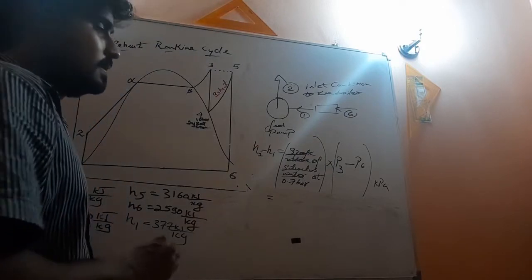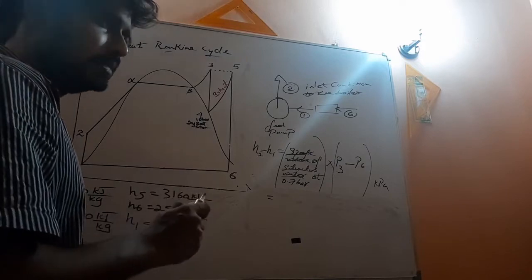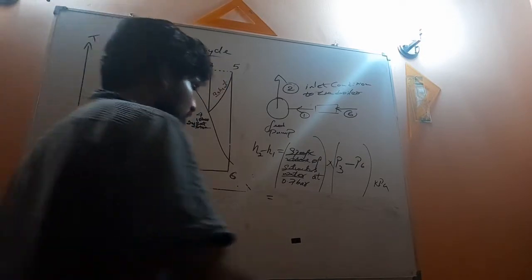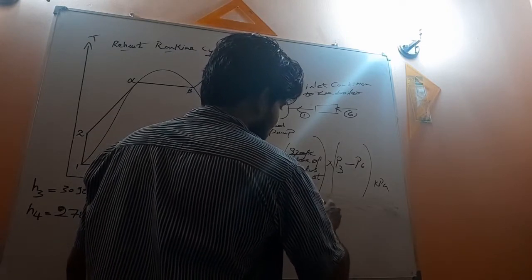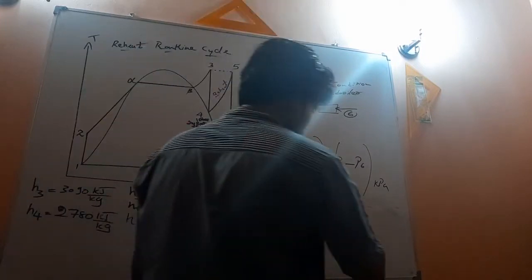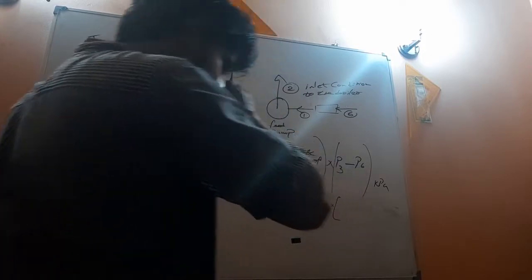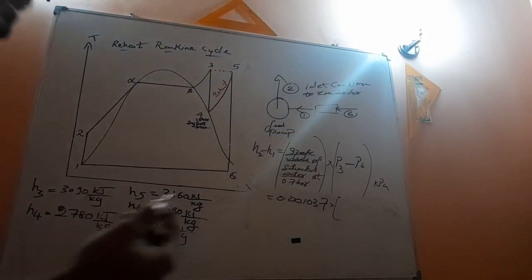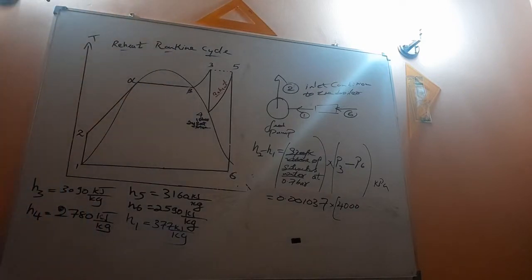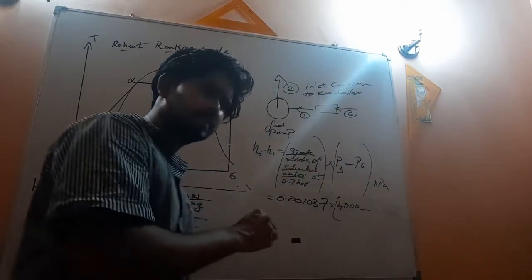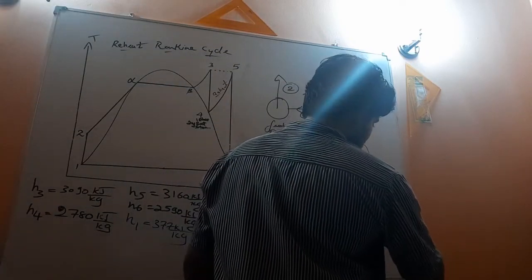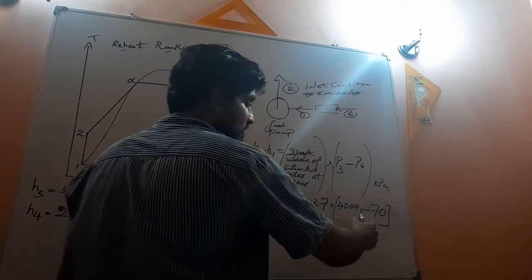Specific volume of saturated liquid at 0.7 bar, meaning 70 kilopascals, but the table doesn't have 70, so we use the value for 75 kilopascals: 0.001037, multiplied by the inlet pressure of the first turbine, which is 40 bar, or 4000 kilopascals, minus the final pressure at the end of the second stage turbine expansion, 0.7 bar, which is 70 kilopascals, because this pressure difference should be in kilopascals.